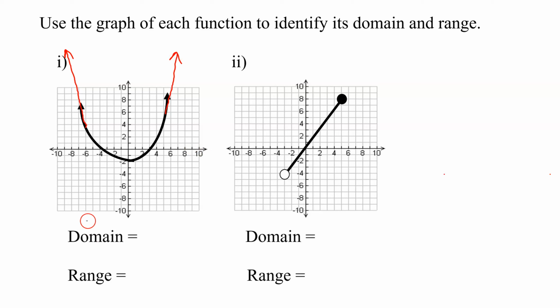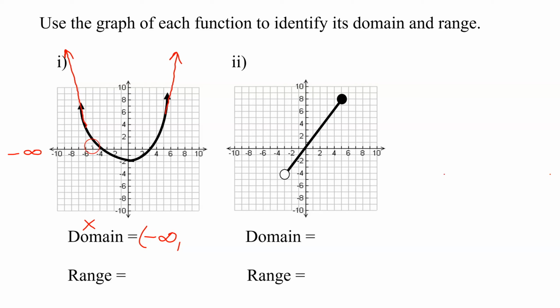Remember, the domain are the x values. So is there going to be a graph out here as x approaches? Remember, in this direction, x is going to approach negative infinity. Is there anything stopping the graph going out there? No, because it's just going to keep going up and out to the left. So my domain is going to start at negative infinity.